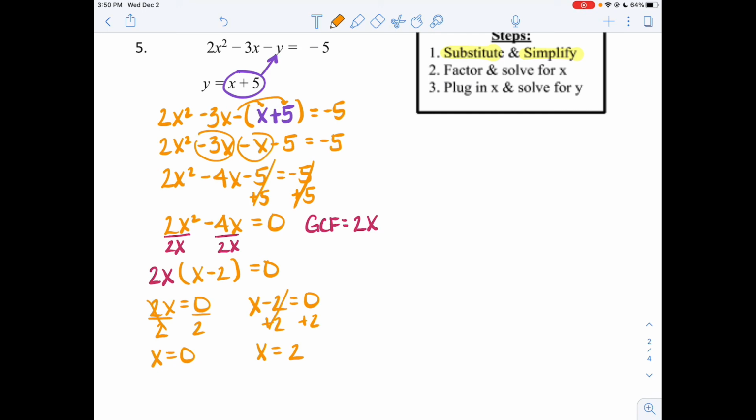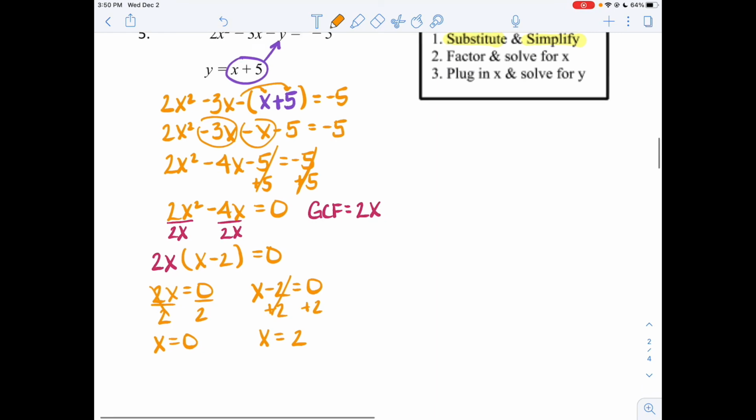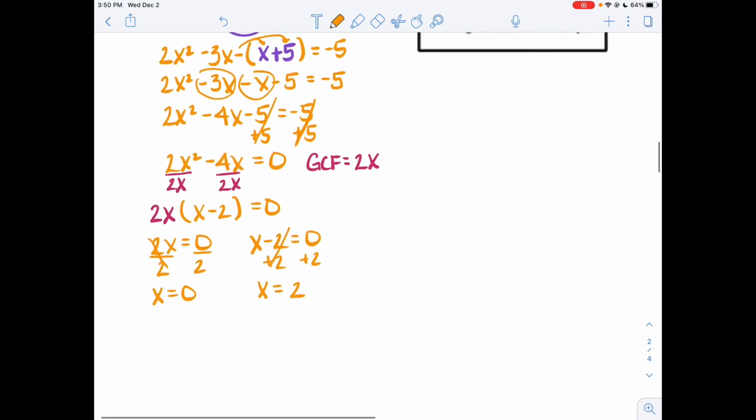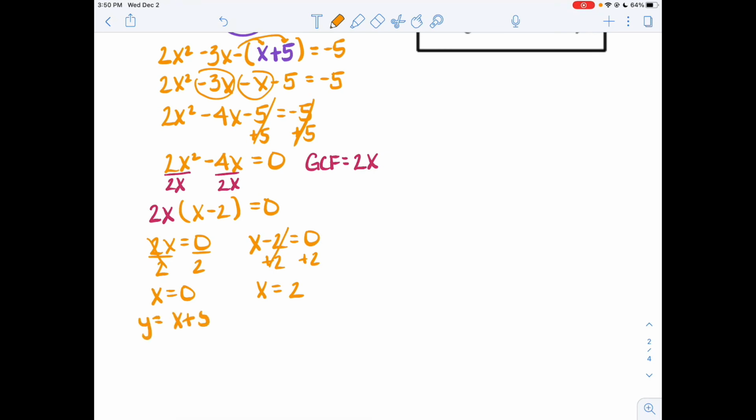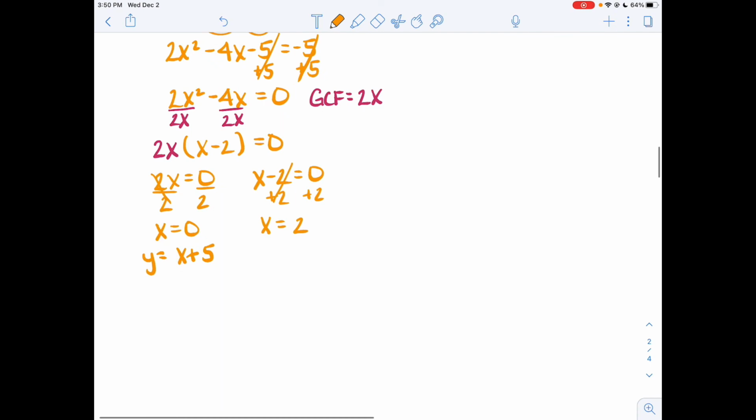So we're going to plug into y equals x plus 5 with what we know x to be. So y is equal to x plus 5, but we know that x is 0 for this case. So we can say that y is equal to 0 plus 5, or y is equal to 5.